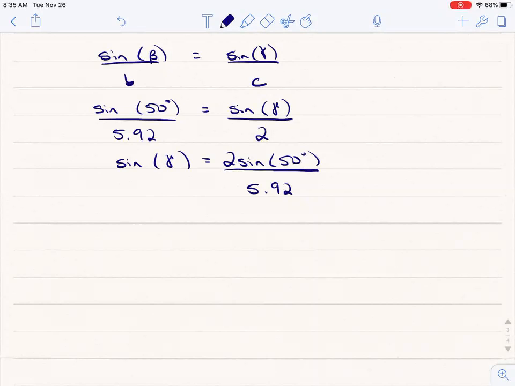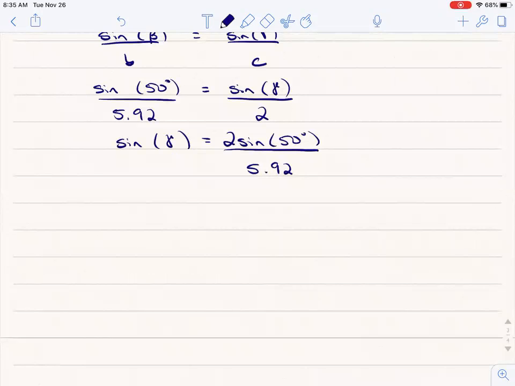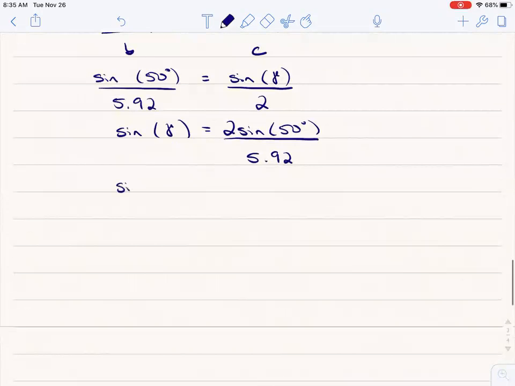Right. Doing our usual kind of switcheroo and solve. Sine of gamma, now we can just plug in our values, is 2 times the sine of 50 degrees, right? Make sure you haven't changed from degree mode, but just always make sure.